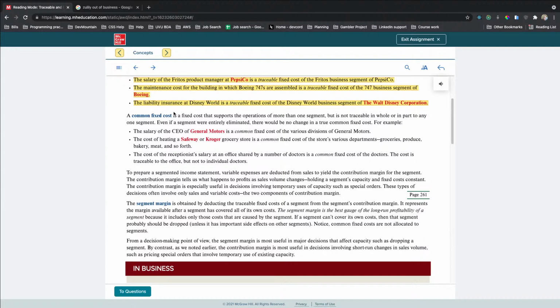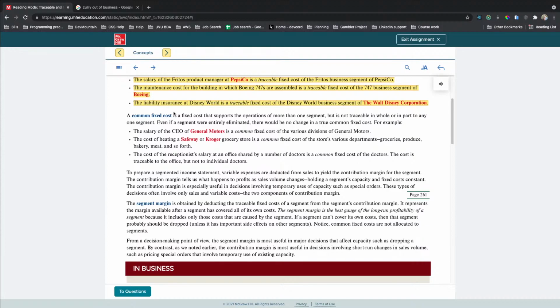The maintenance cost for the building in which Boeing 747s are assembled is a traceable fixed cost of the business segment of Boeing. Okay, maintenance cost of business segment.